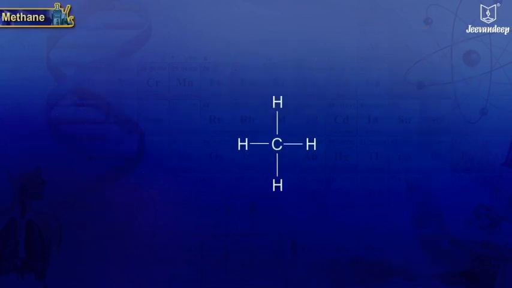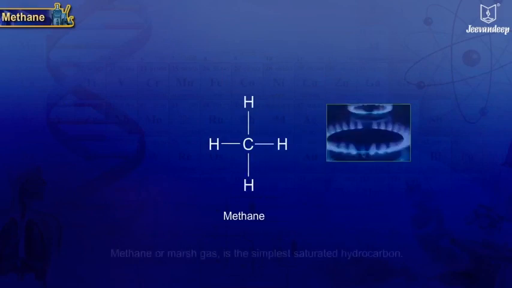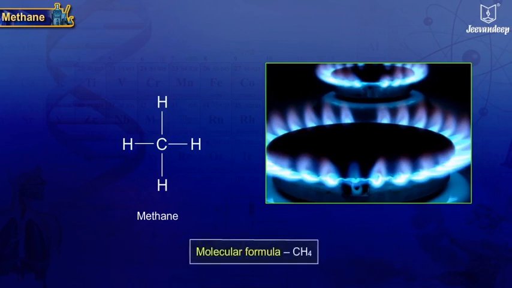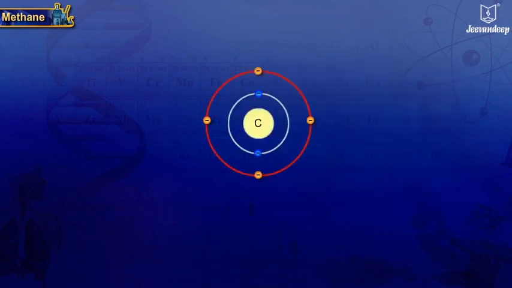Let us see how carbon forms single bonds in methane. Methane or marsh gas is the simplest saturated hydrocarbon. It contains 1 carbon atom. Its molecular formula is CH4. Since carbon is tetravalent, it needs 4 more electrons to complete its outermost orbit to become stable.